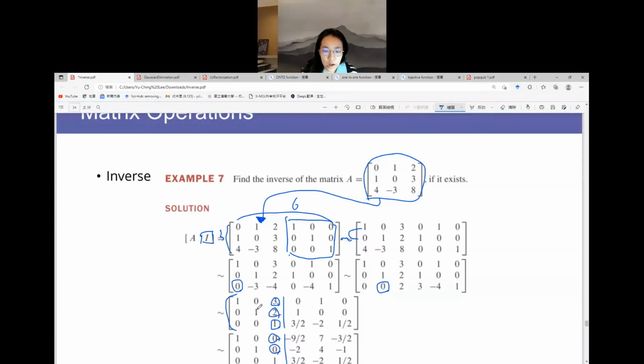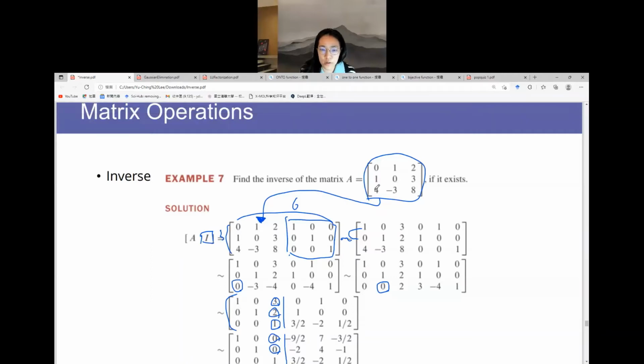That means the right-hand side of this 3 by 6 matrix is the A inverse. You have to be familiar with the row reductions, both the forward and the backward ones. All these examples serve as good exercises for you to follow. You can do it one time by yourself and then check the solutions in the slide, and see if the procedure matches.